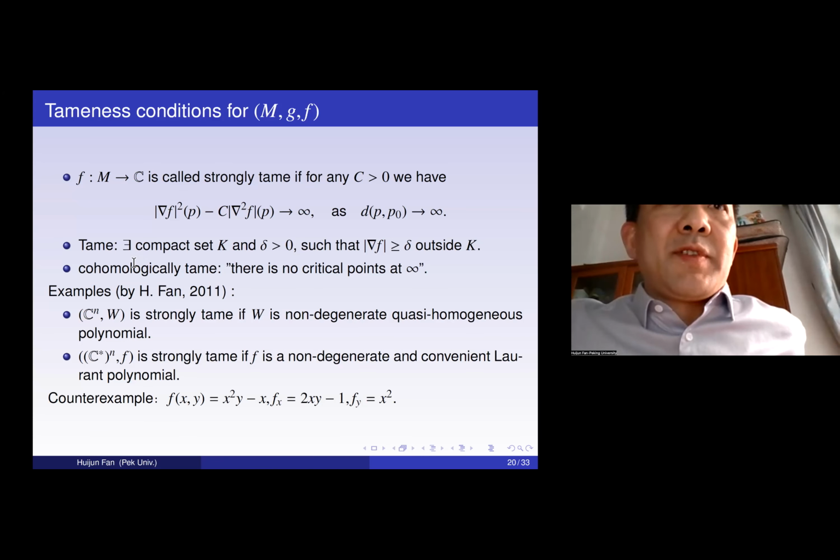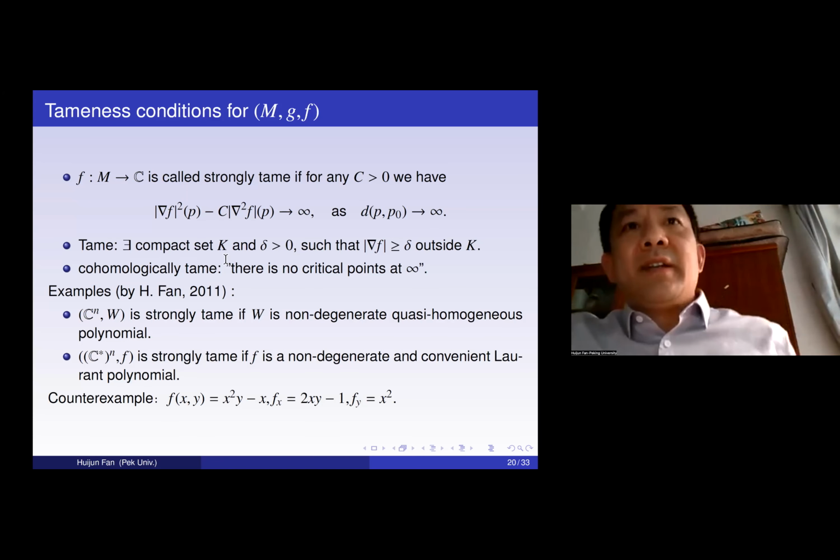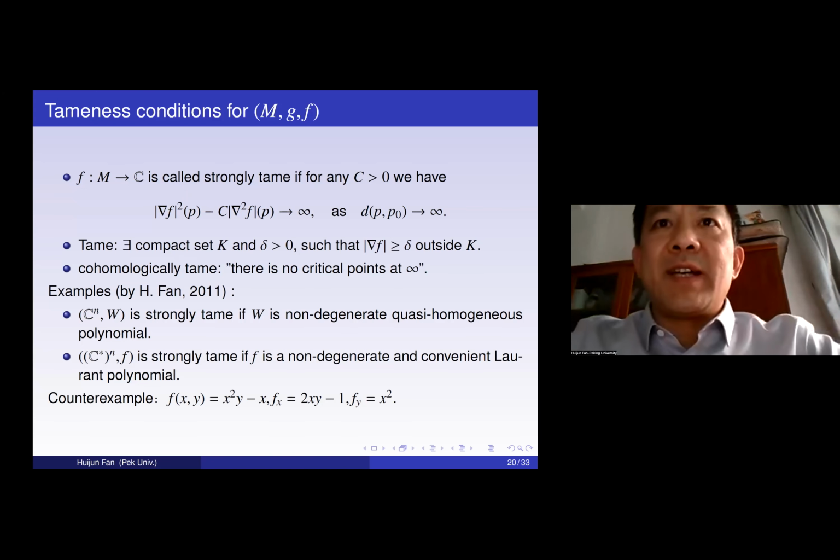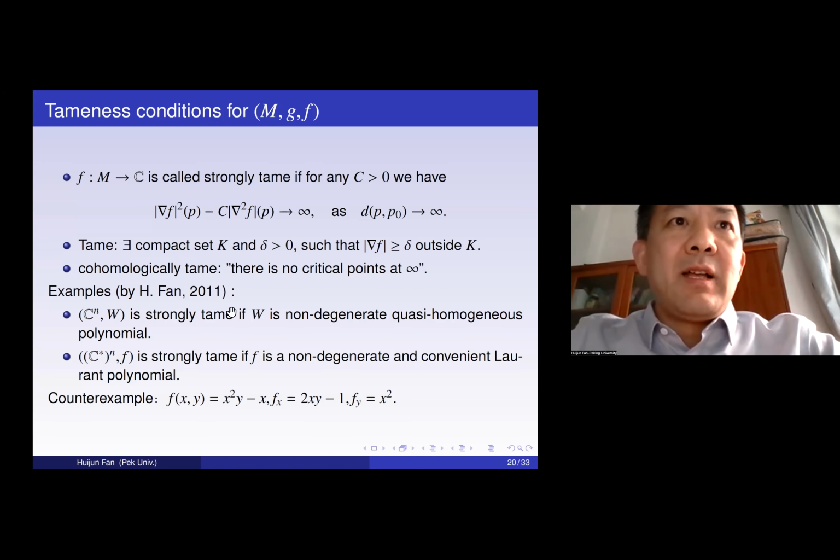And then we also have tameness. That means there exists a compact set K and a positive number delta such that the norm of the gradient of F is larger than delta outside K. We also have a very weak tame condition called cohomologically tame, which means there are no critical points at infinity.